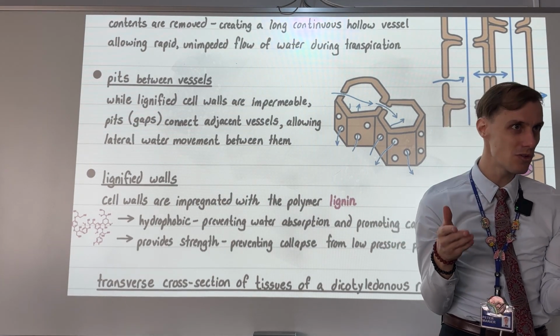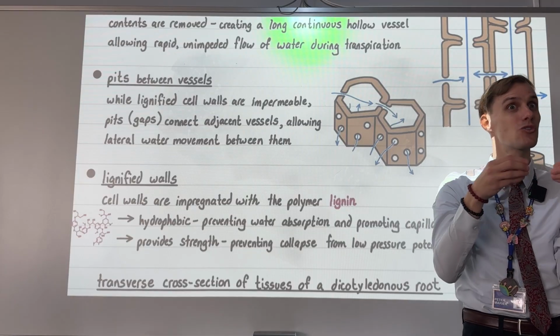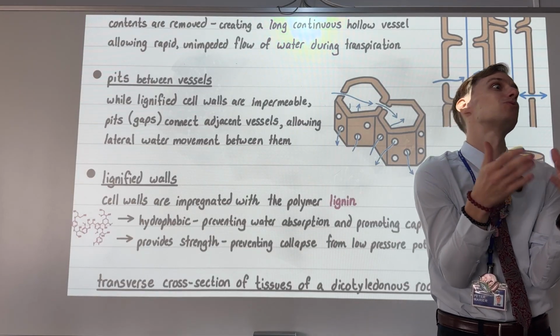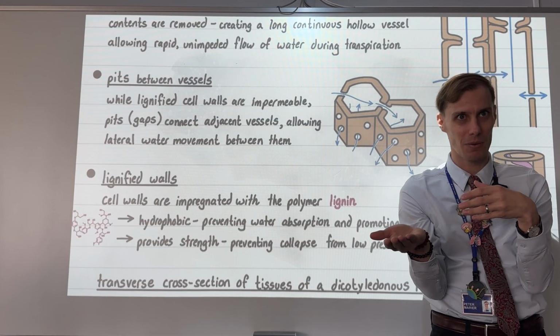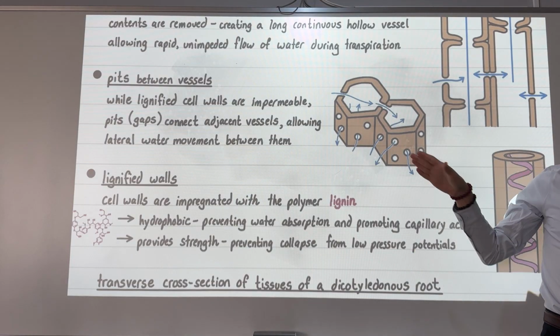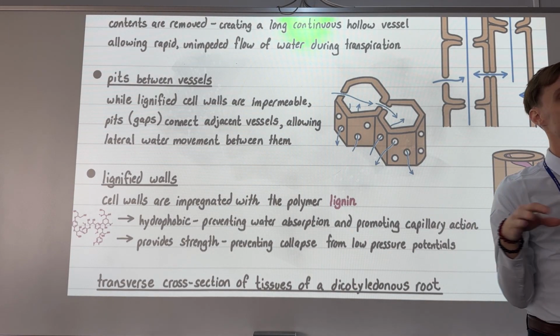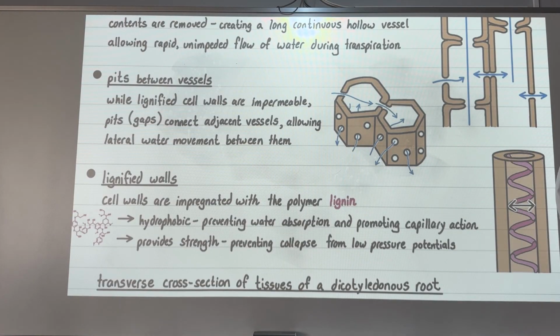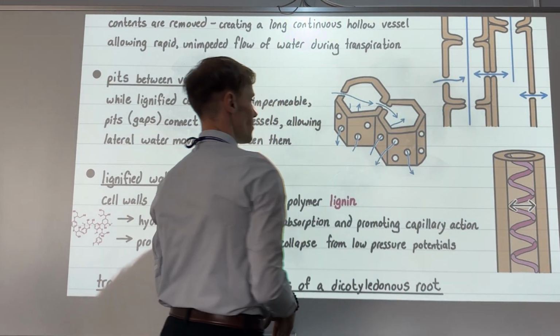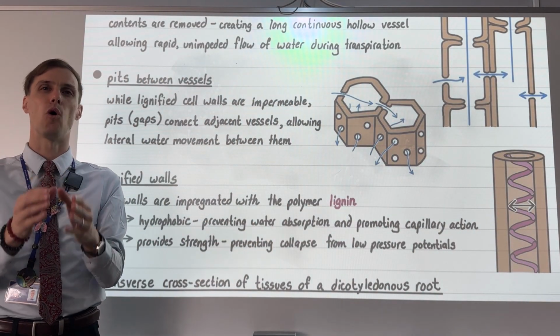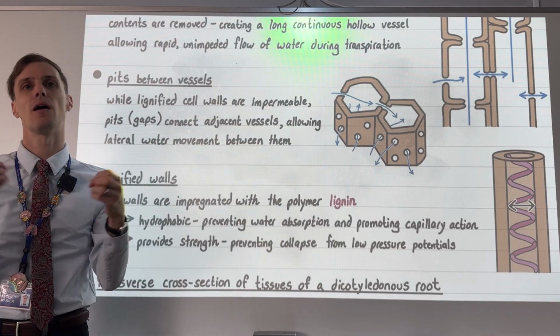If you keep using that paper straw over time, the straw itself is going to absorb that liquid. That's a problem. We don't want it. So in this case, I don't want the xylem to absorb water itself. I just want it basically as a tunnel. So this lignin is also acting almost like a coat to only allow water through and not be absorbed.